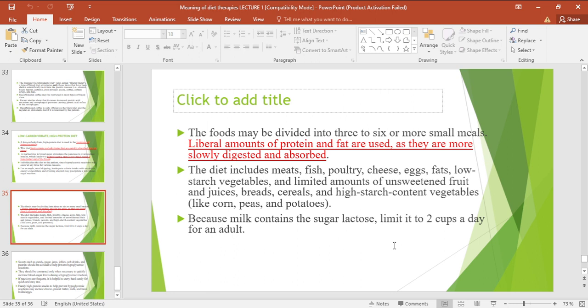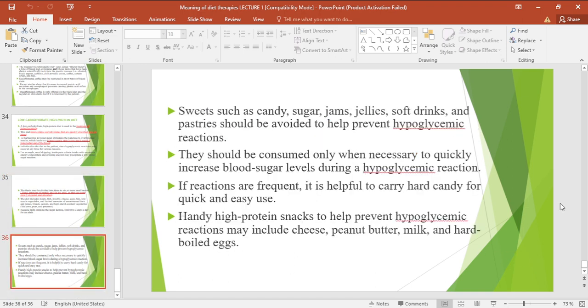Because milk contains the sugar lactose, you have to limit it to up to 2 cups a day for an adult. And finally, sweets, for example, candy, sugar, jams, jellies, soft drinks, and pastries should be avoided to help prevent hypoglycemic reactions. They should be consumed only when necessary to quickly increase blood sugar levels during a hypoglycemic reaction.